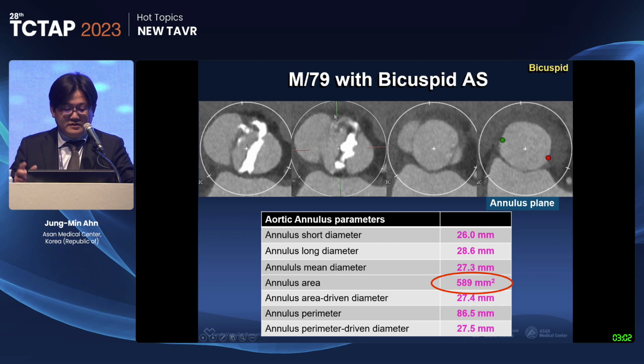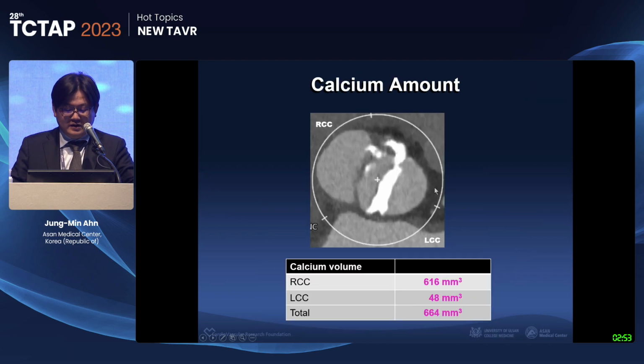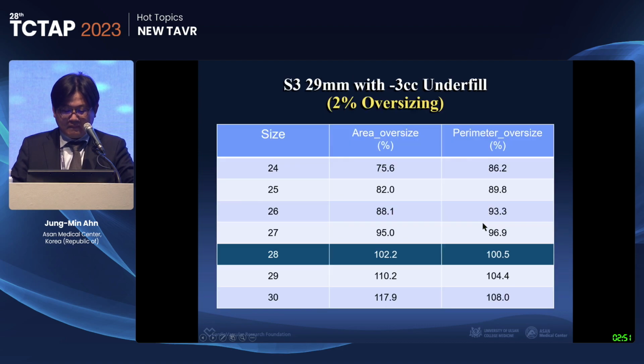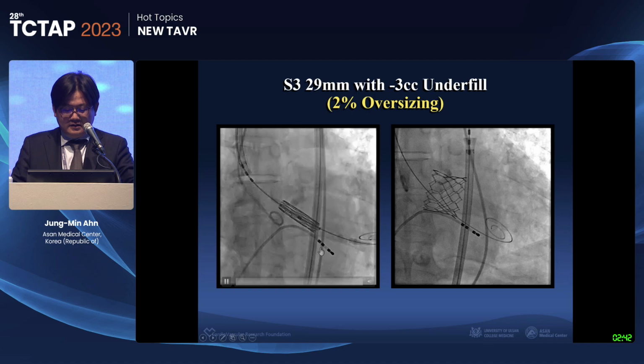So I'd like to share several cases. 79, bicuspid aortic valve, annulus area is 589, type 0 bicuspid, asymmetric calcification. So we selected 29 and 2 to 3 cc underfilling made 28, 2% oversizing.